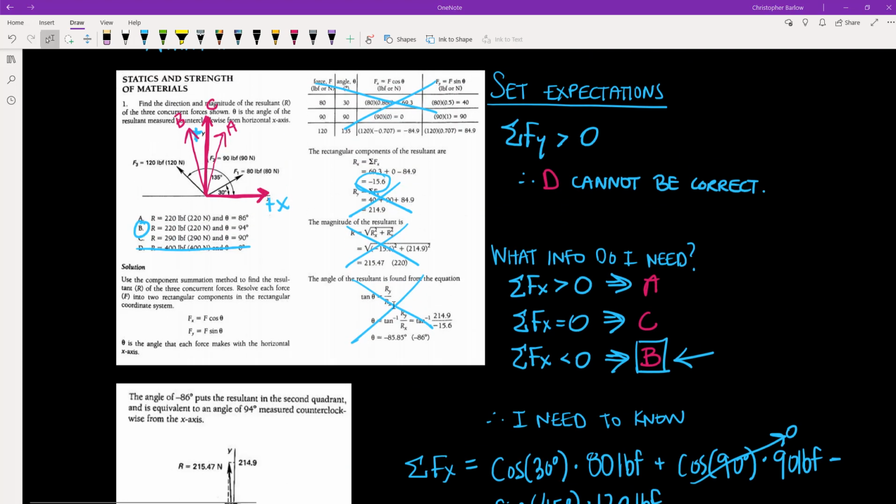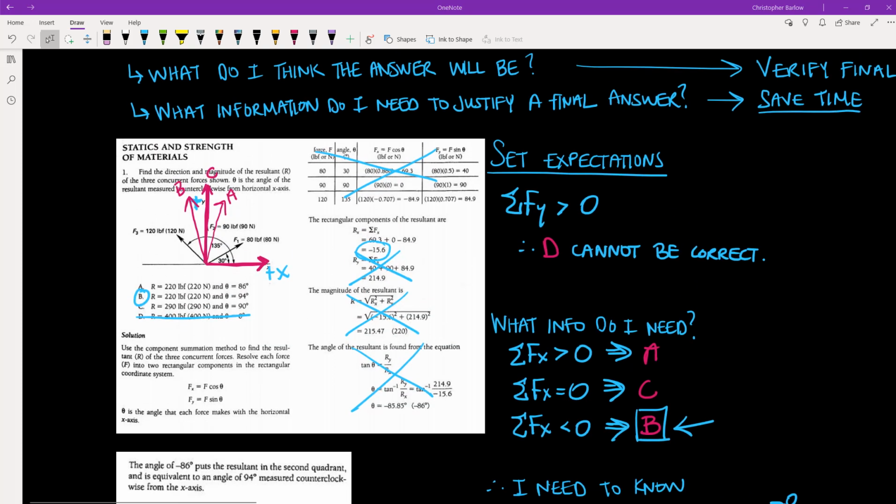So if you were to follow this textbook example, you would likely get yourself very confused. It would take a long time. You may even make some mistakes in your math, and you may end up with the wrong answer. But if you set expectations and you determine the critical information that you need to justify your answer, you get to the answer more quickly and with greater accuracy.